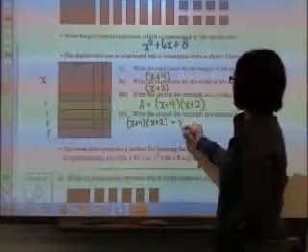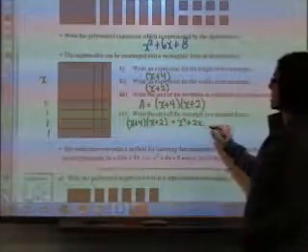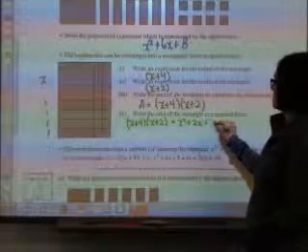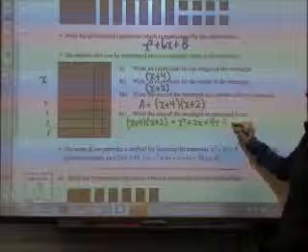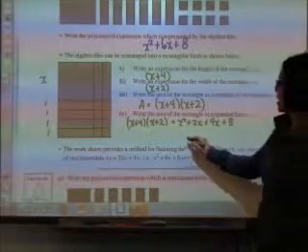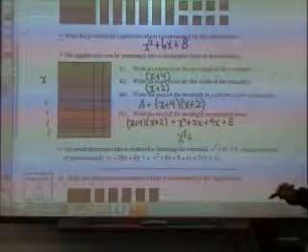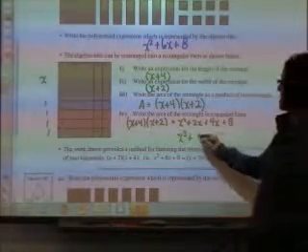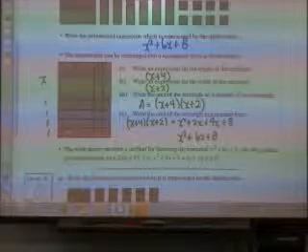X times 2, 2x. 4 times x is 4x, and 2 times 4 is 8. Collect the like terms, and how many x's do I have? 6. I have x squared plus 6x plus 8.